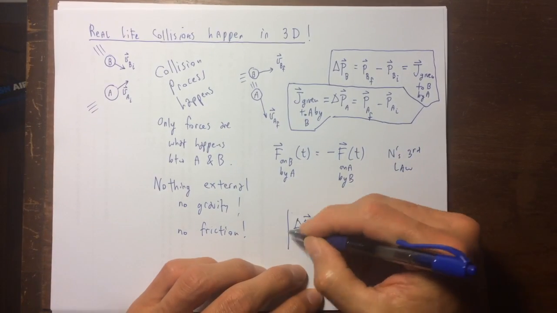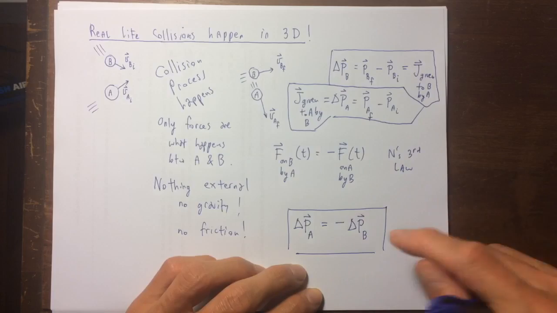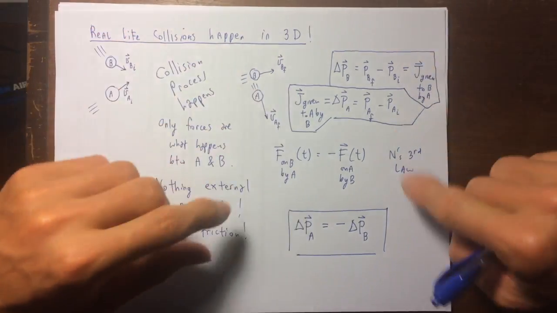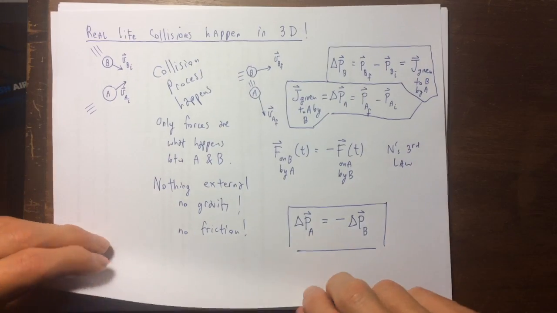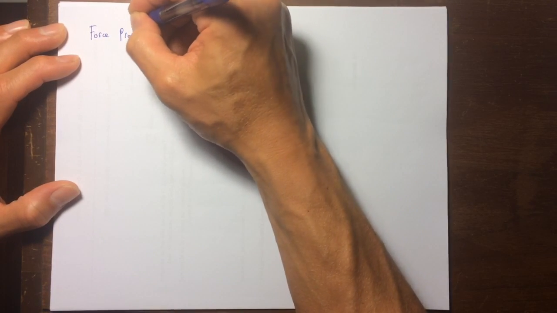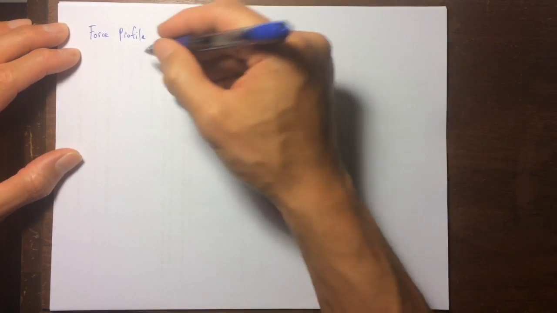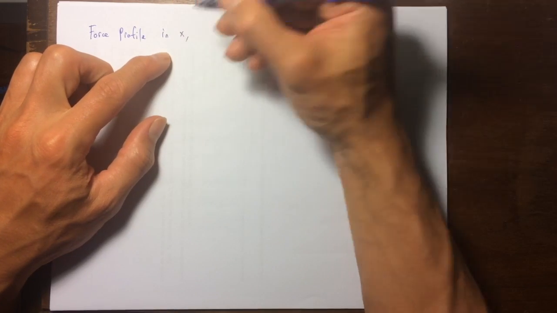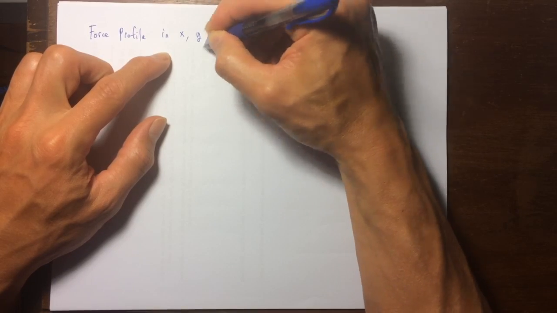This is because these two impulses are actually opposite. But what I think is cool, and it's probably already occurred to you, is the force profile. I'm just going to make one up. The interesting thing is there's a force profile in X, Y, and Z.